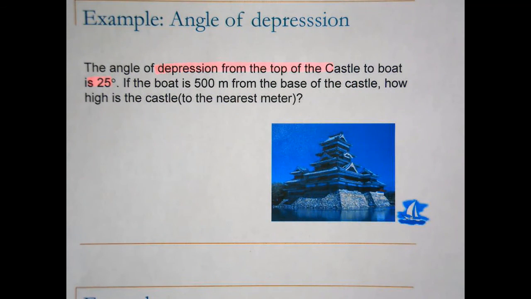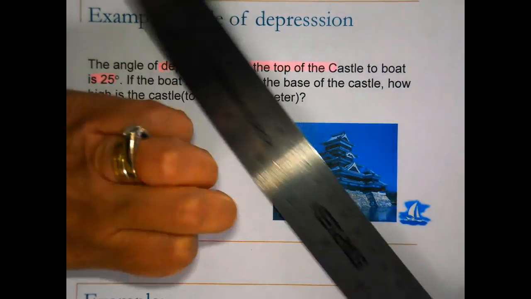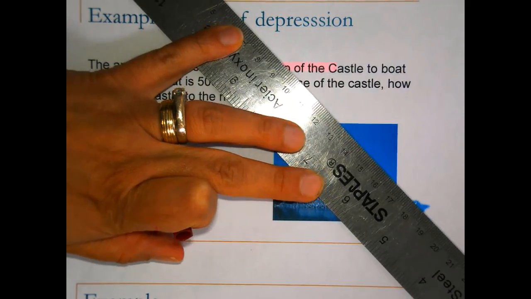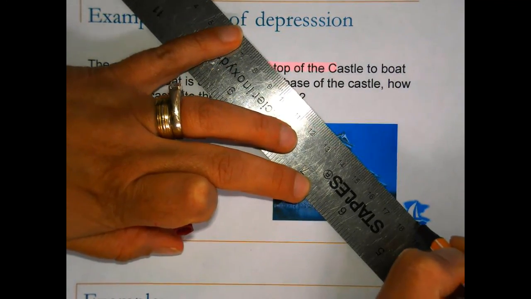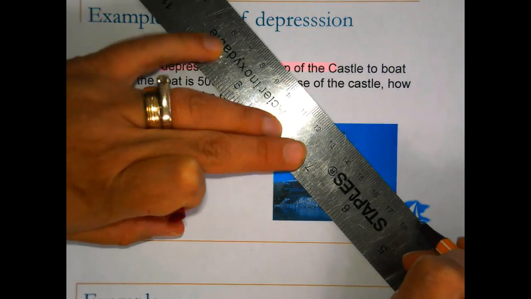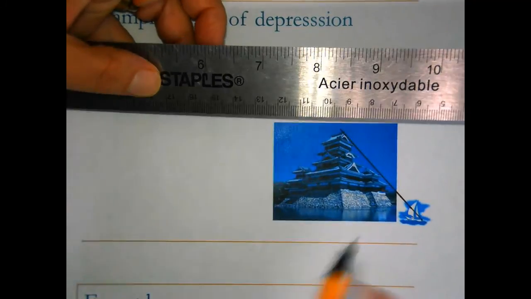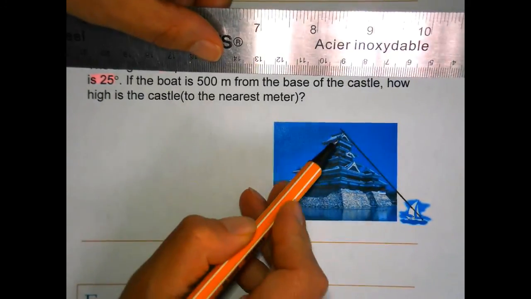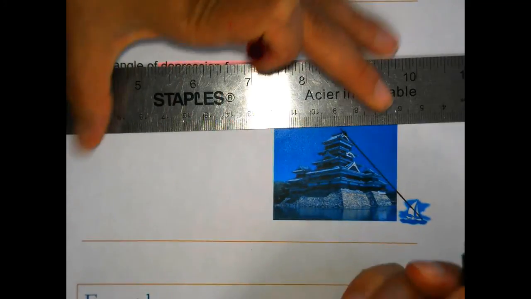So imagine someone standing here and they are looking at this boat. If you remember, the angle of depression was the angle between the line of sight and the horizon.